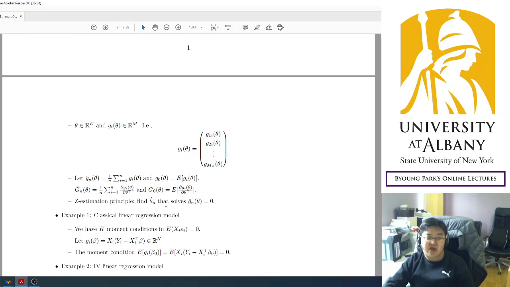As I said, we are looking for the solution to this equaling 0. But instead of g0, we use g hat and make it equal 0. So we are simply looking for the solution to this problem. This is what we would like to solve.